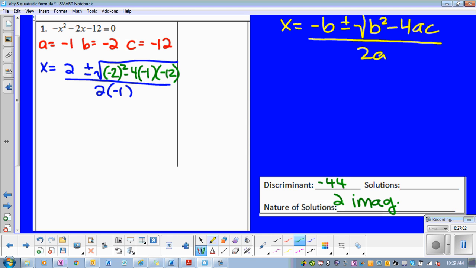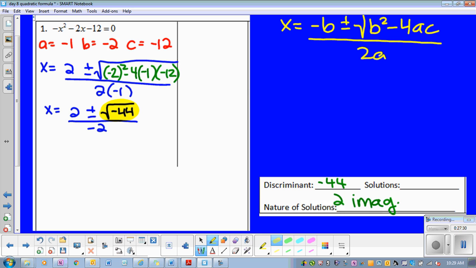And then let's rewrite this. So I have x equals 2 plus or minus the square root of -44 all over, what's 2 times -1? -2. So now, guys, we need to simplify the square root of -44.